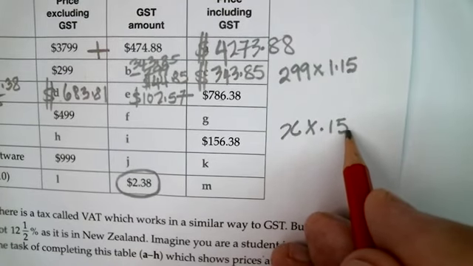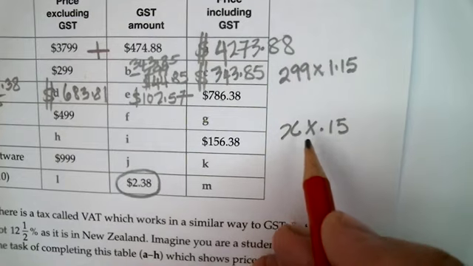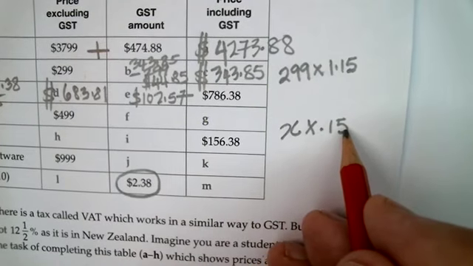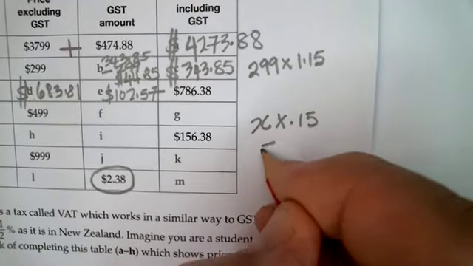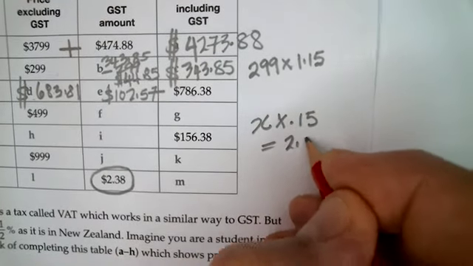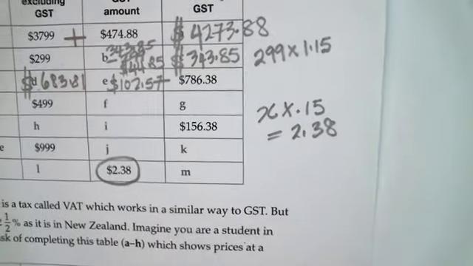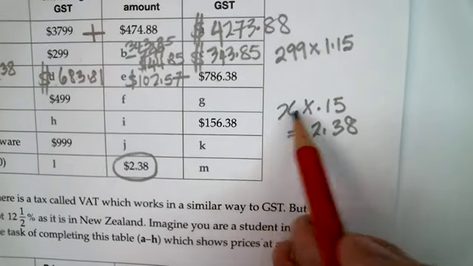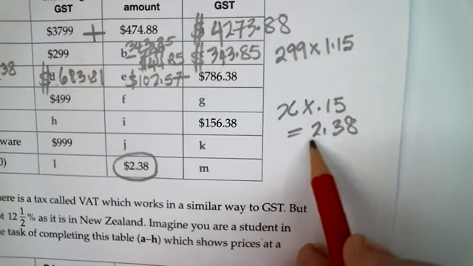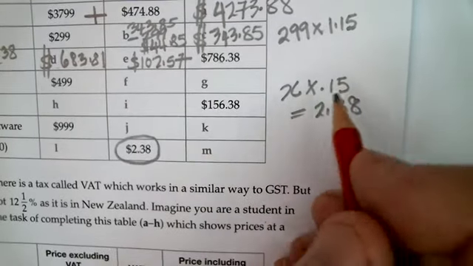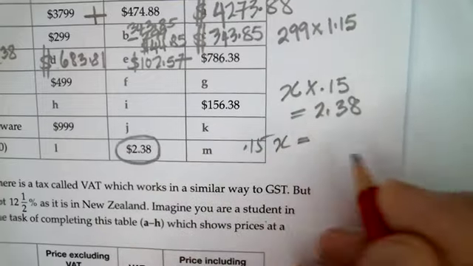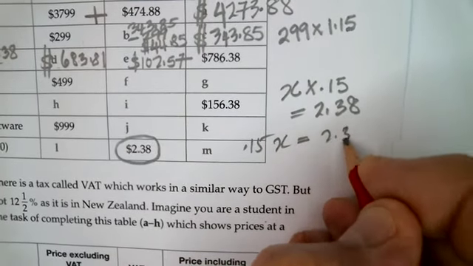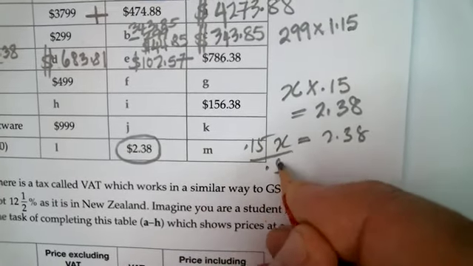So if we were to take X and multiply it by 0.15, that would give us this value here, which equals $2.38. I'm going to divide both sides by 0.15.